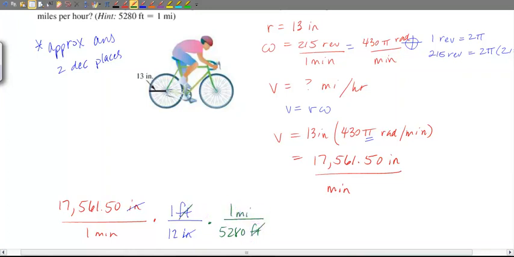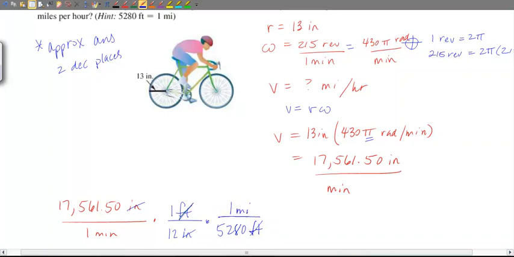So feet are gone, and I'm left in miles. So remember, I need miles in the numerator, and that's where I'm at right now. With the unit miles in the numerator, so far I'm doing this great. We want 5,280 feet for 1 mile.